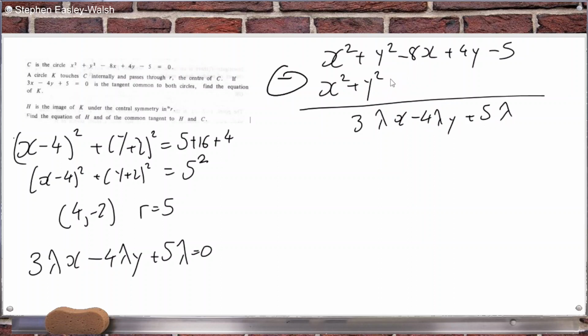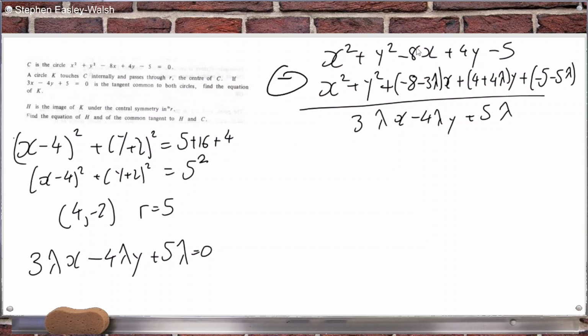So this one here would have to be -8 - 3λx + 4 + 4λy, minus 5 - 5λ.